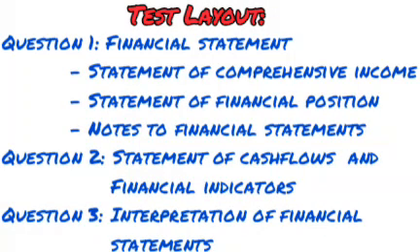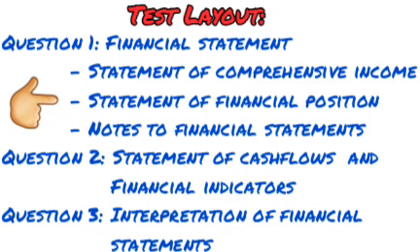So let's look at the test layout, meaning when you open that question paper, what are you going to find? Most likely in your common test format, you are going to find only 3 questions. The first question, meaning question 1, will be a question on financial statements. And like we said, on financial statements, you can either get the statement of comprehensive income or the statement of financial position as well as the notes, or you can get all 3 depending on how long your question paper is.